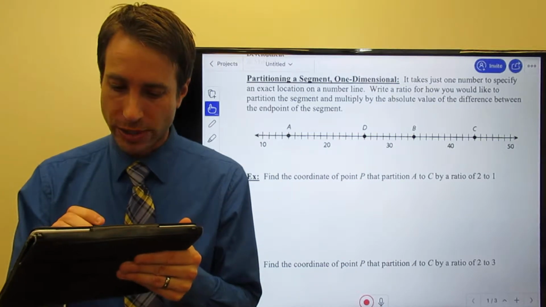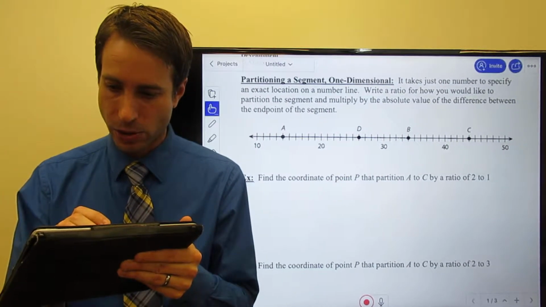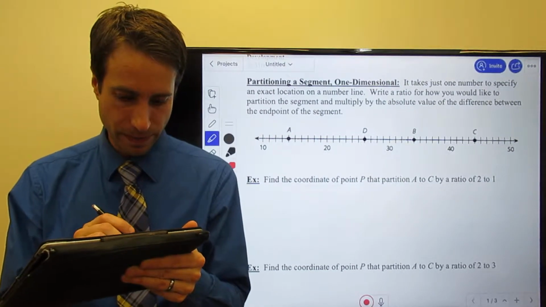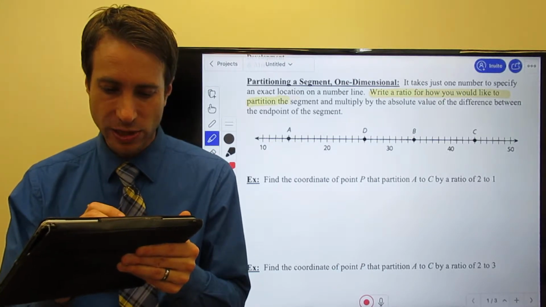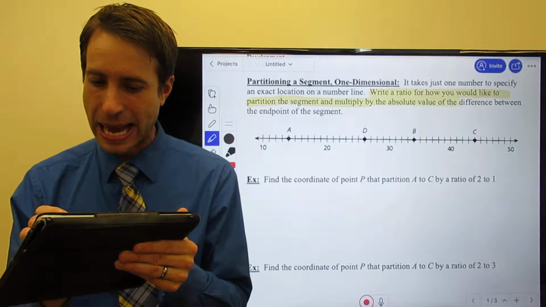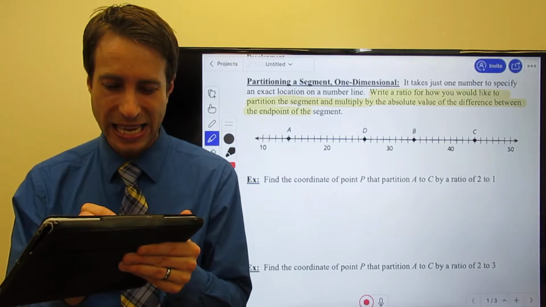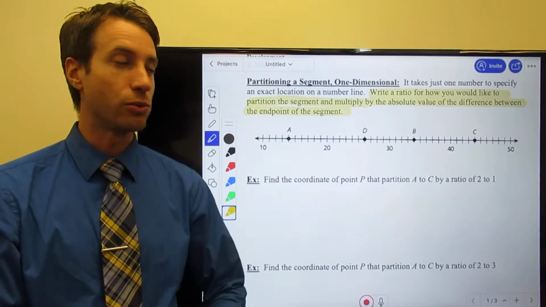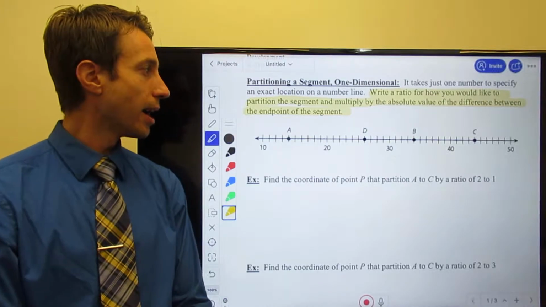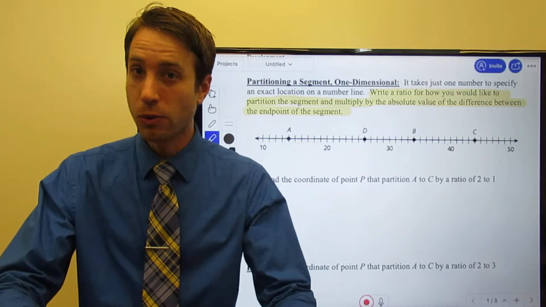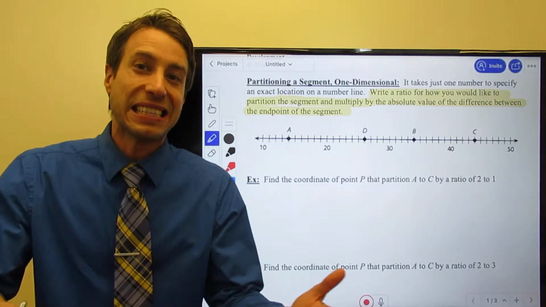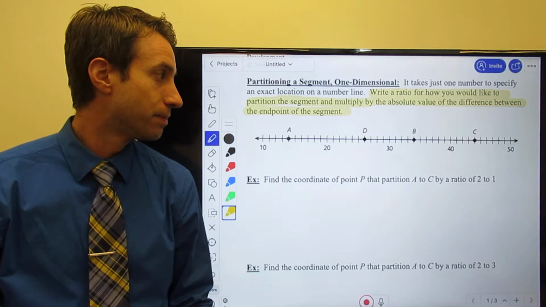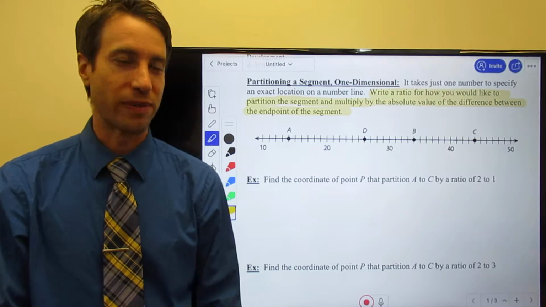The way that we're going to do this is we're going to write a ratio for how you would like to partition this segment and multiply by the absolute value of the difference between the endpoints of the segment. Say what? Yeah, I know, as far as the words go, explaining how to do it seems complicated. It's not.